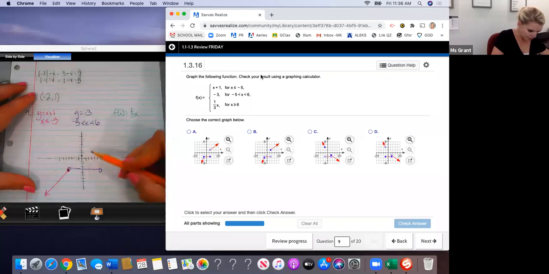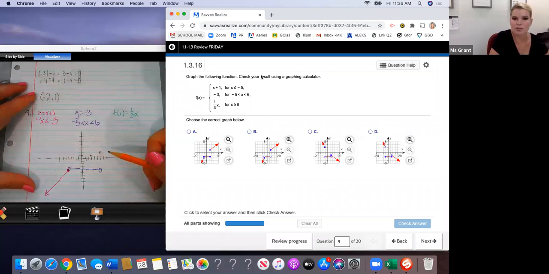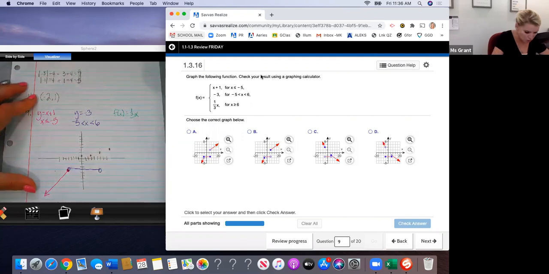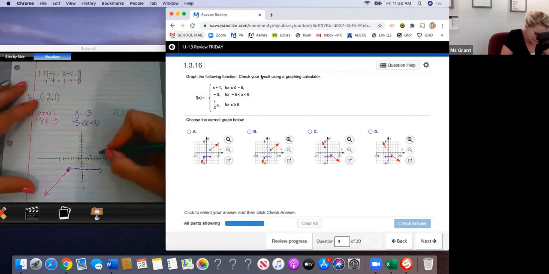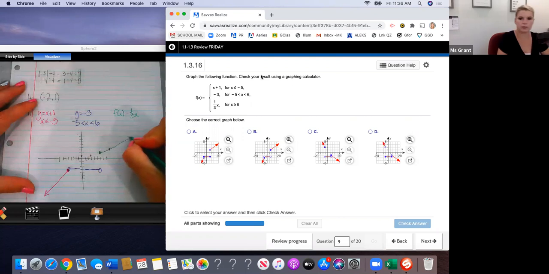Rise 1, run 3. Rise 1, run 3. I have to go, x is greater than or equal to 6. That means that my graph doesn't even start, closed circle right here, and then I'm going upward like that.